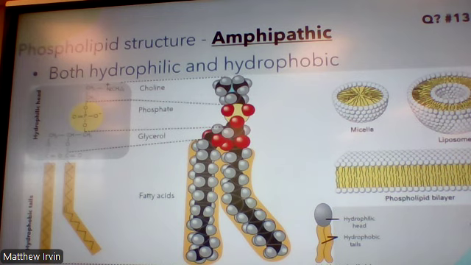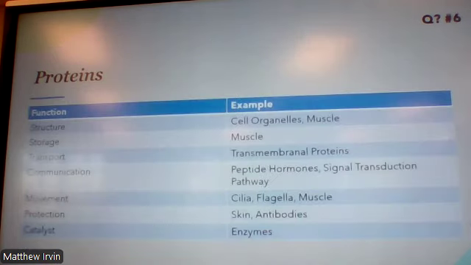That's what makes life. If we did not have phospholipids, we would not have cells. It doesn't matter if you had DNA or enzymes. If you don't have a separation from the external environment, you can't keep the components of life contained.